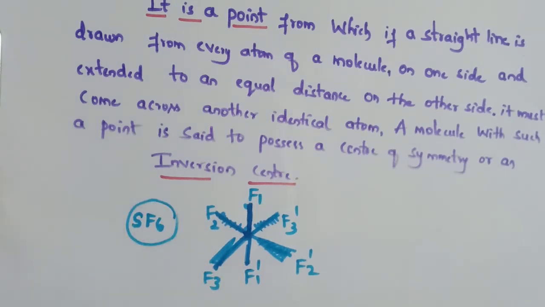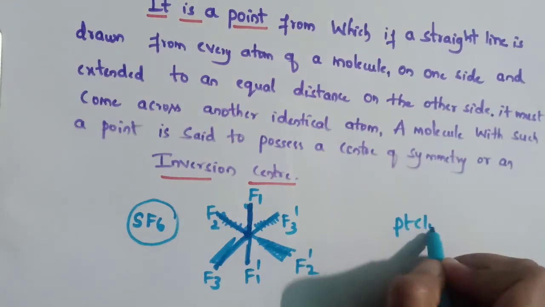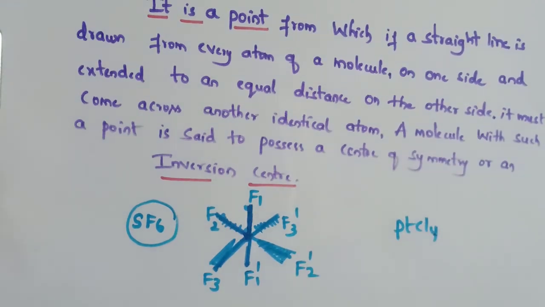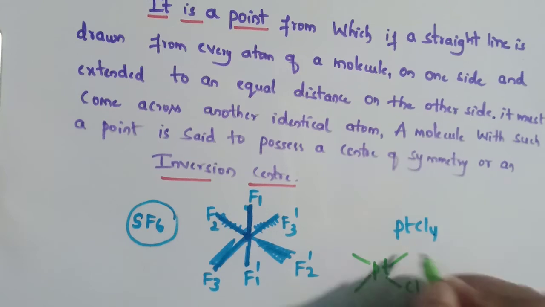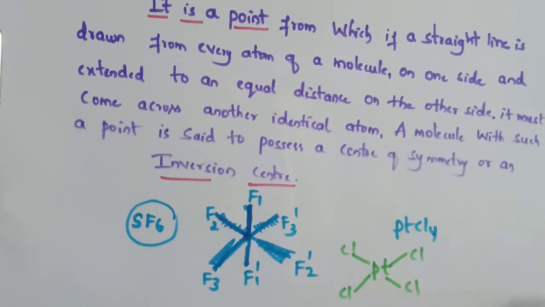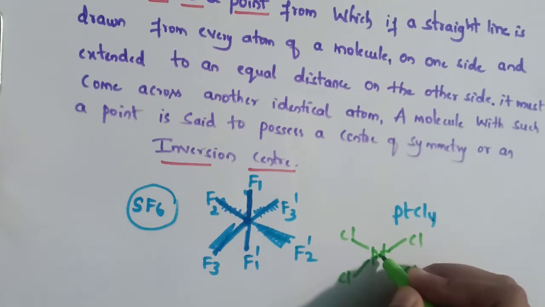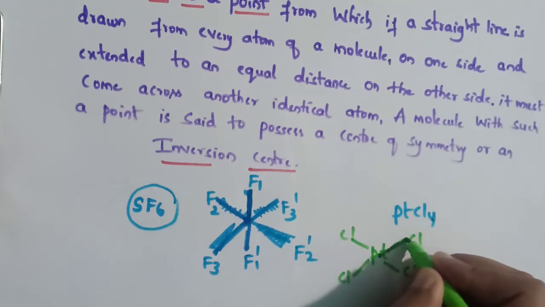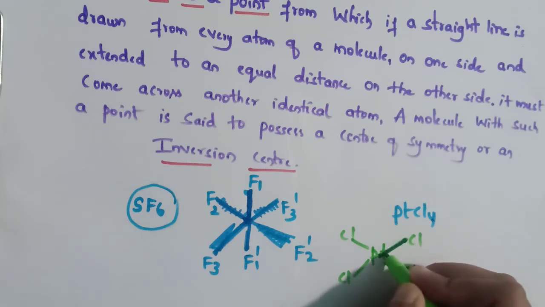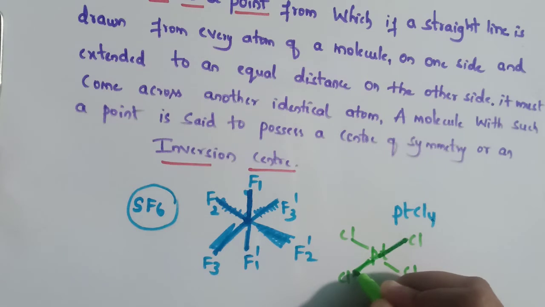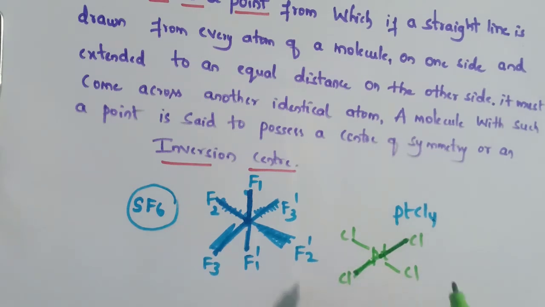Now let's consider another example, PtCl4. PtCl4 has a structure like this. Here is a point in the molecule. We draw a straight line like this to this Cl and extend it in the opposite direction, and we meet its twin, the identical Cl atom.